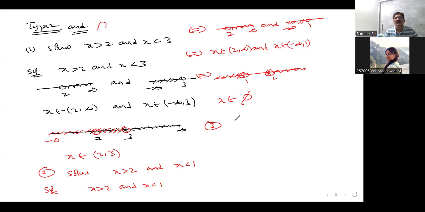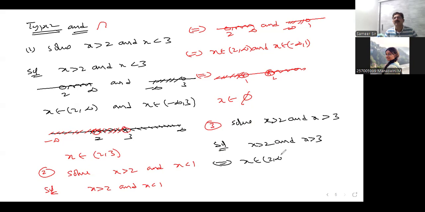How? If I said: solve x greater than 2 and x greater than 3, then what exactly do we have to write? Greater than 2 and greater than 3. It can be written as x belongs to 2 to infinity and x belongs to 3 to infinity.